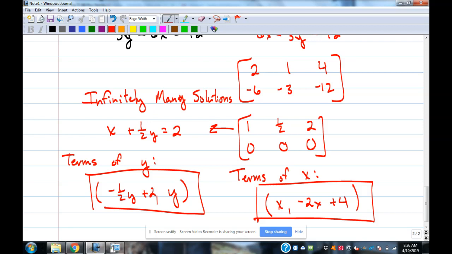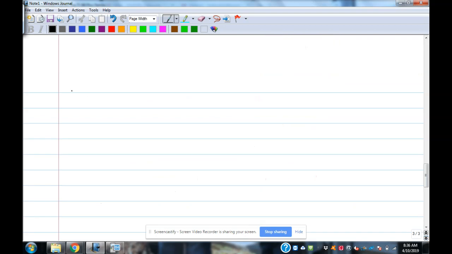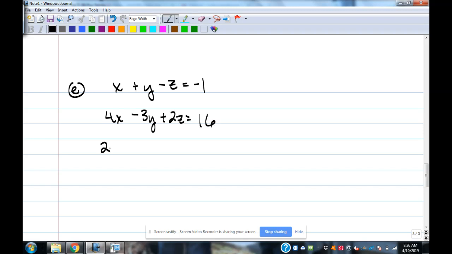All right. So 2 variable systems, 2x3 augmented matrix, or REF, and we've seen a situation with all of the possibilities. Let's look at this system: x plus y minus z equals -1, 4x minus 3y plus 2z is equal to 16, 2x minus 2y minus 3z is equal to 5.